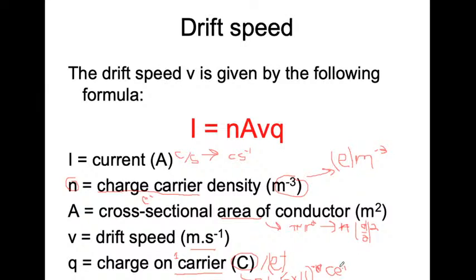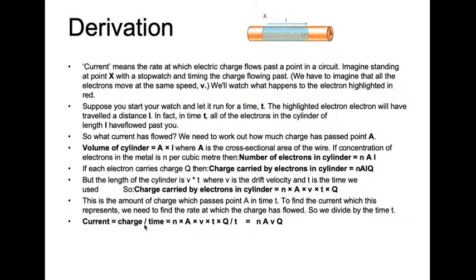You won't always see electrons given in formulas like this. I'm just trying to explain this charge carrier density and this charge on carrier differently, where the electron is our carrier. You could use conventional current, and then it would be a positive charge, but that's not as standard. More often you'll see electrons, and with the homework questions, it'll be electron more often.